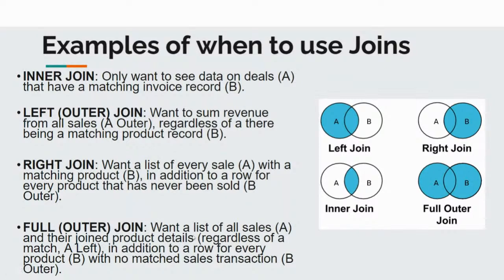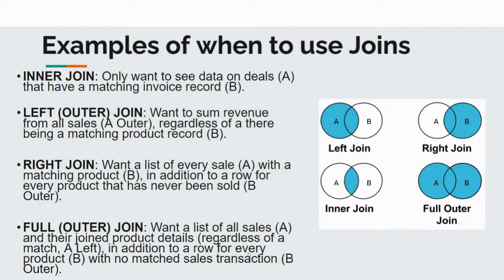And then you can do a full outer join. Say you want to keep all of the ones that are matching like an inner join, but you also want to keep all deals and then also all invoices. Maybe there are some invoices that don't match a deal for some reason. You'd still keep all of those in the data set, so it becomes valuable to see.